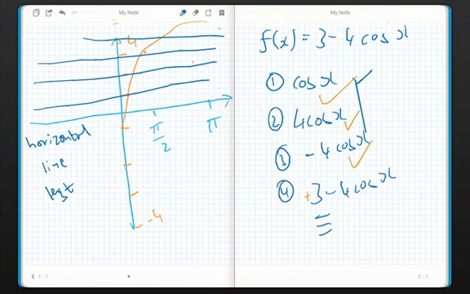In our case here, the horizontal line intercepts the graph only once. Since I've drawn many, each horizontal line intercepts the graph only once. Therefore, this is a one-to-one function. And when a function is one-to-one, it automatically has an inverse. That's the simple guideline. That's the simple test.